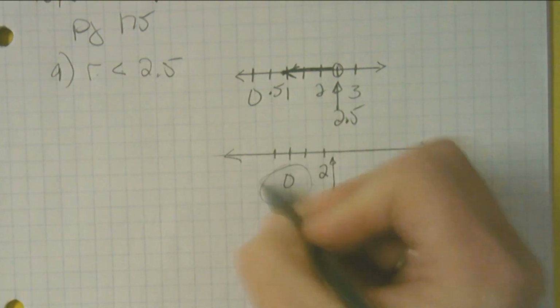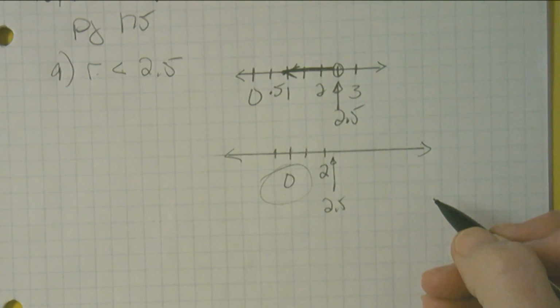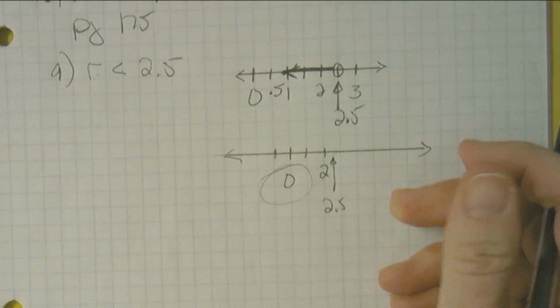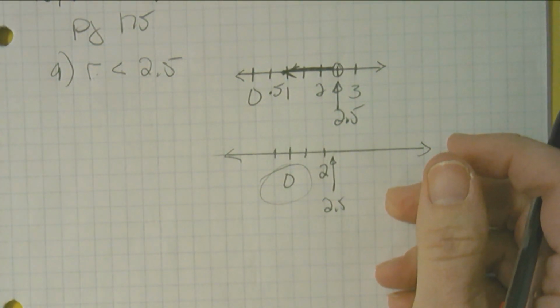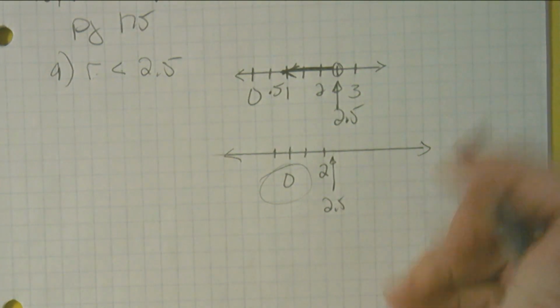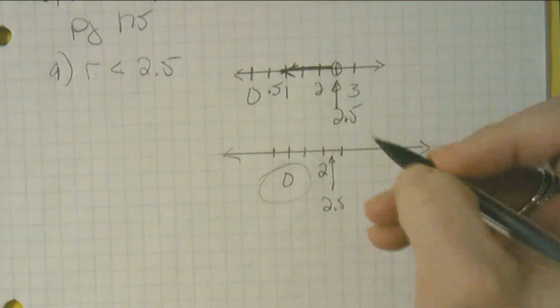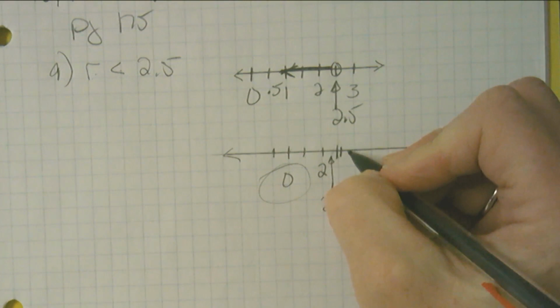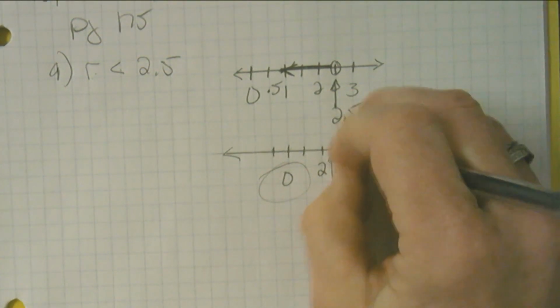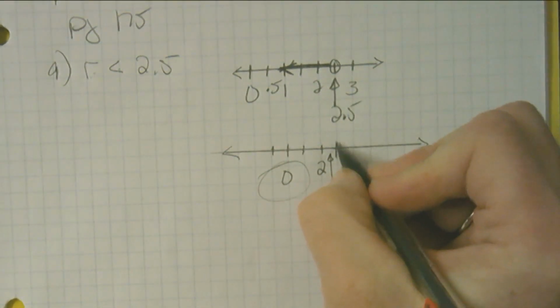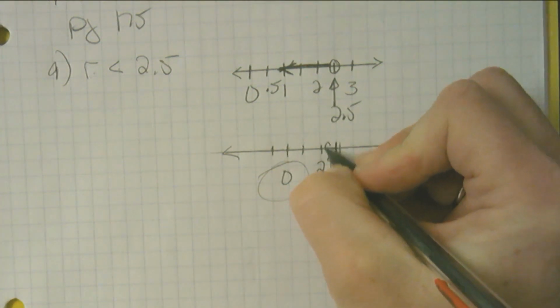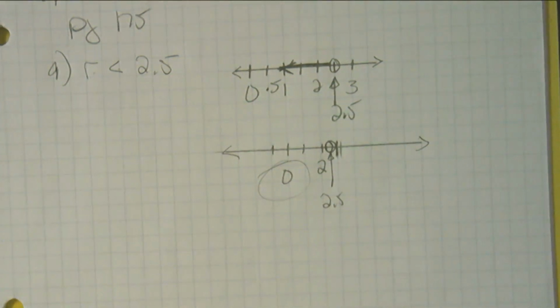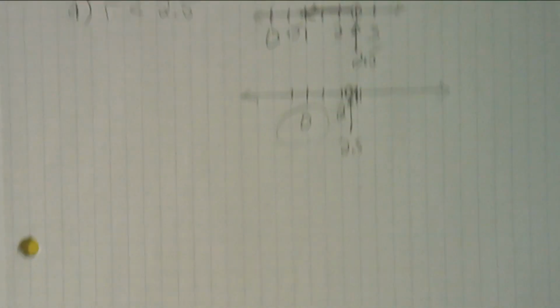If you're counting by ones, I don't need to see 1 on either side, but I do need to see some sort of context as to where you are. Because this is a 2.5, I'd like to see either the 2 or the 3, just to give me a location that I can compare it to, and then indicate that the 2.5 is somewhere in there. Does that make sense?